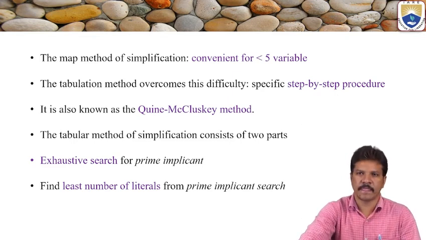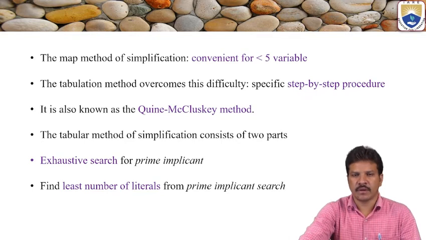the tabulation method. In this tabulation method, we follow a specific step-by-step procedure. By following this procedure, we can first find the prime implicants and then minimize the Boolean function.